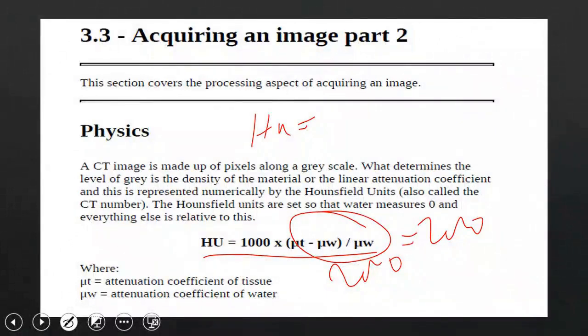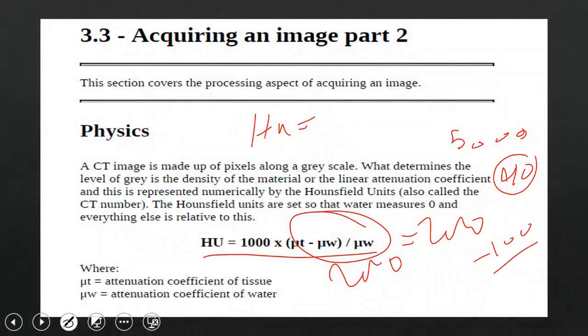If you notice, in the equation, water is used, and when you replace it with the bone attenuation and the soft tissue attenuation, they found that the bone has a high value. For example, 500, the soft tissue was around 40, while fat was about 100, and air was 1000.